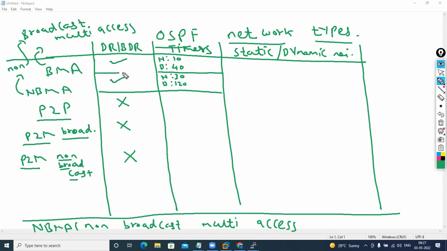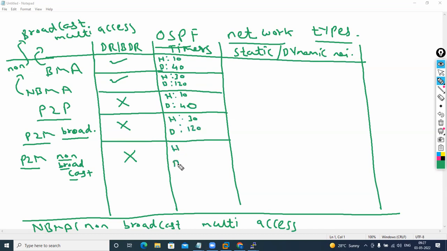That's why OSPF timers depend on the network type. Point-to-point, we have again 10 and 40. These things we will prove tomorrow. Then for the non-broadcast types, hello and dead are 30 and 120.